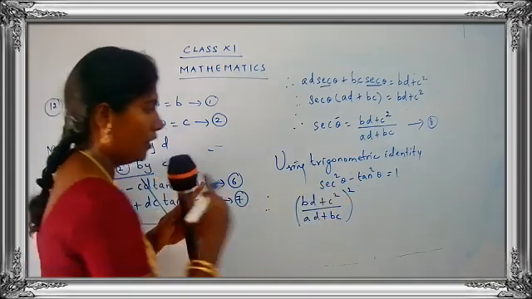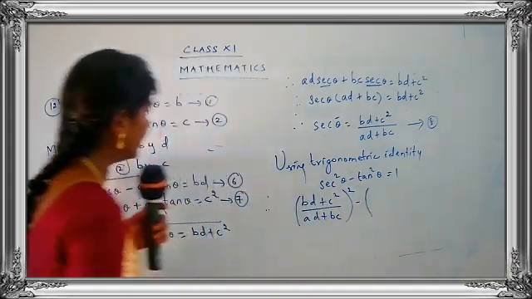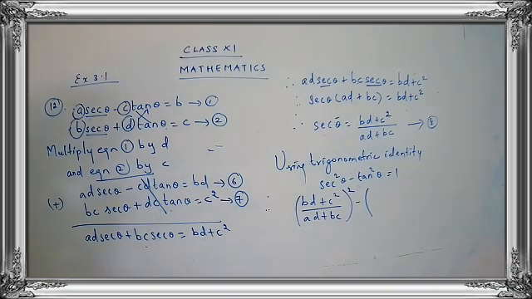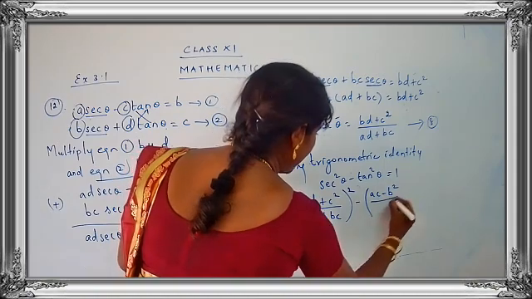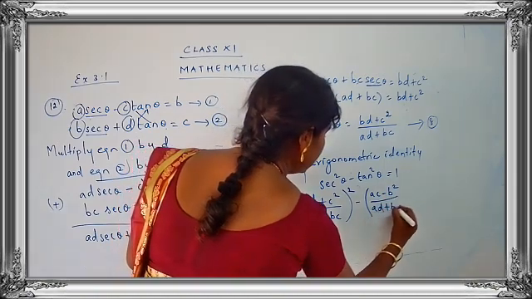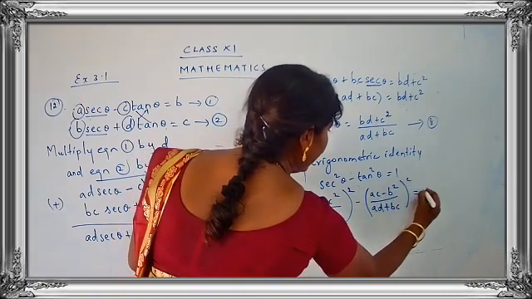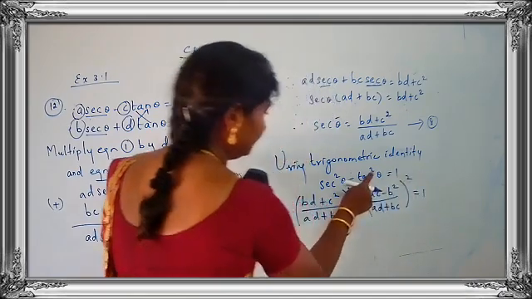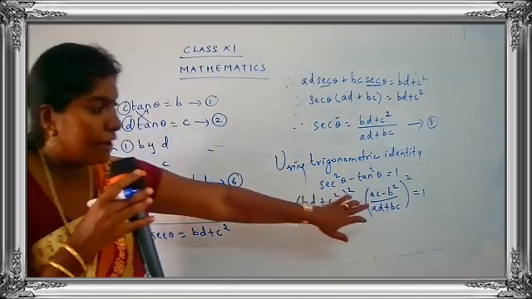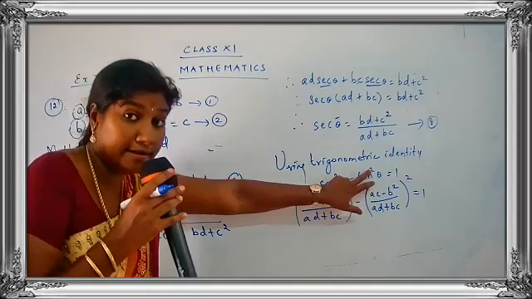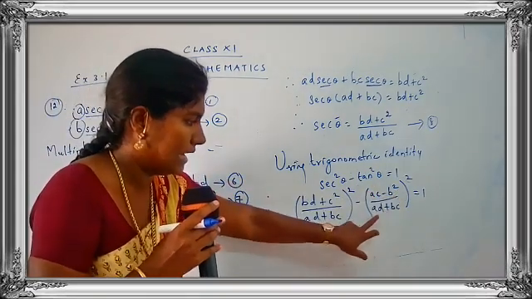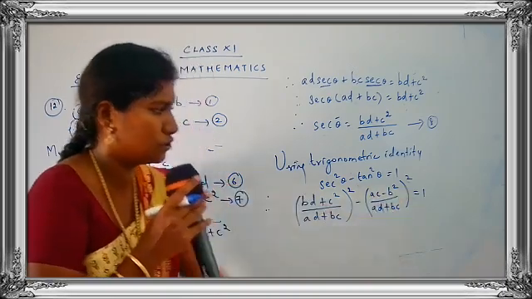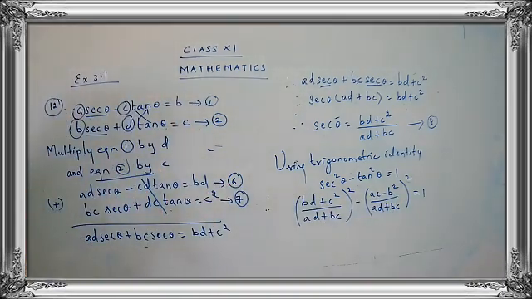Getting my point? Okay, now let's write the value for tan square theta, children. What is the value for tan theta? It was AC minus B square upon AD plus BC, the whole square. Again, the whole square, because we know the value for tan theta, but here it's square. So AC minus B square upon AD plus BC, the whole square, is equal to 1.